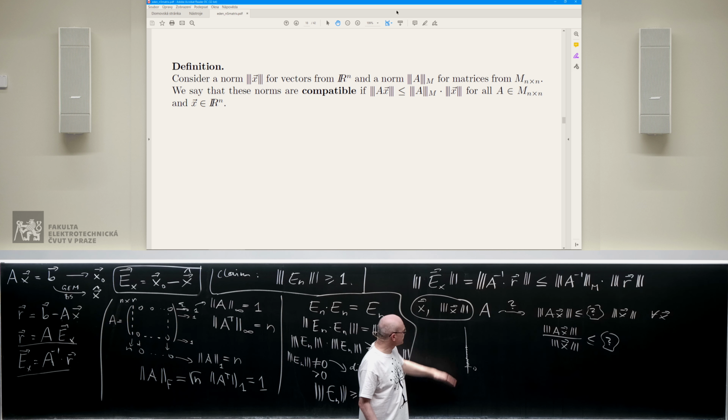Let's see. The norm of the solution is greater than or equal to 1 over the induced norm of the matrix times the norm of the right-hand side. Now, unfortunately, this goes in the opposite direction compared to the inequality here, but fortunately we actually need it. Why?